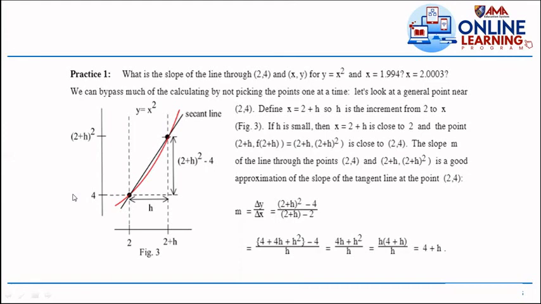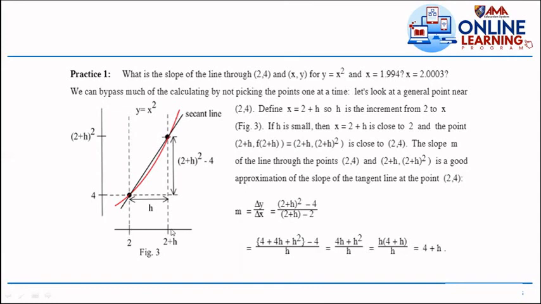So meron tayong kulay red po ulit. So this refers to our given function, y is equal to x squared. So tulad po ng dati, if x is equal to 2, 2 squared is equal to 4. Ngayon, lalayo po tayo ng kaunti. Magmula dito hanggang dito, we're going to get that distance as h. Okay? So magmula dito hanggang dito, that is 2.